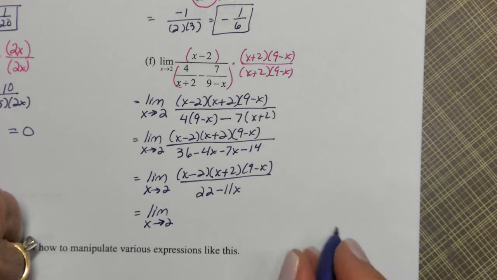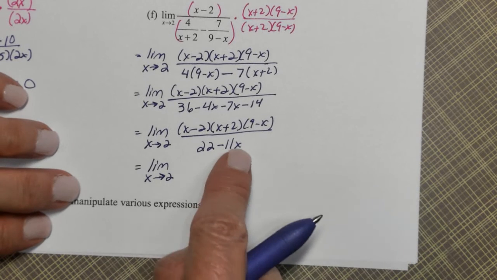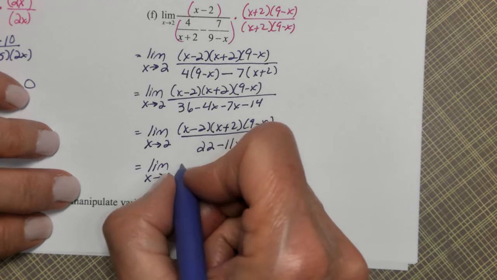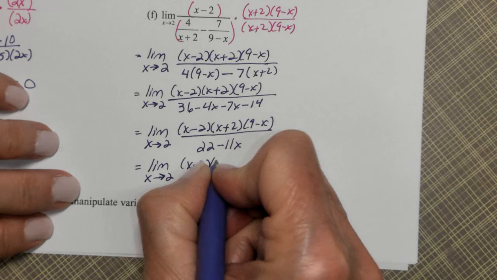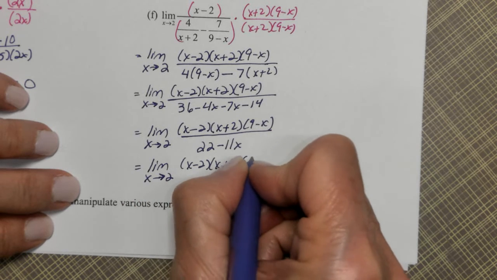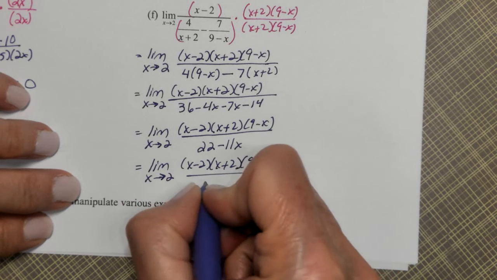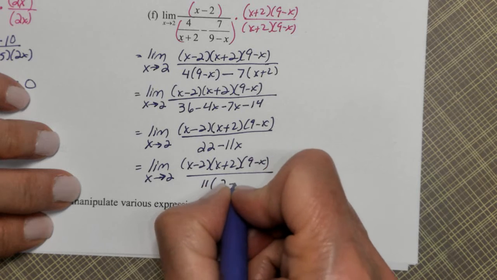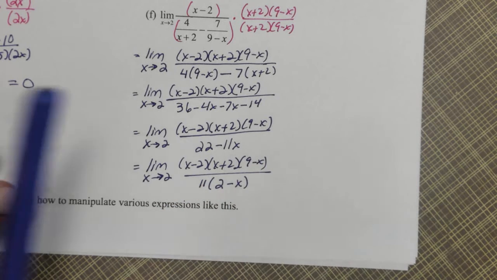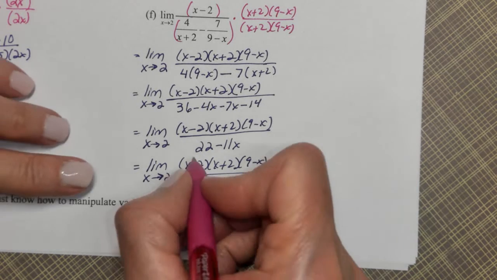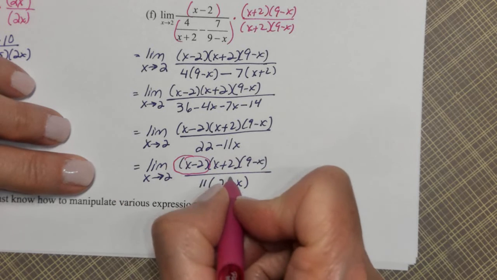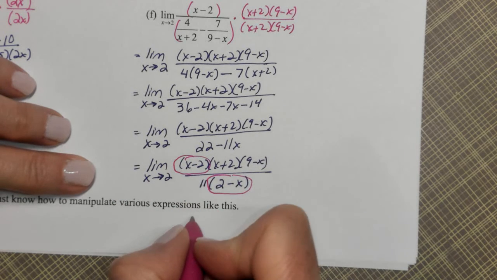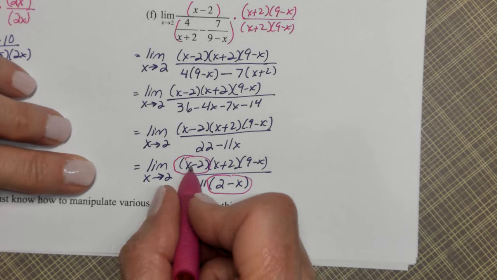Okay, where's our hole? Well, we don't know yet. We can factor out an 11 though, can't we? So take out an 11 and we're left with 2 minus x. Okay, did we find our hole? We sure did. We found our hole. Okay. They're not identical though.